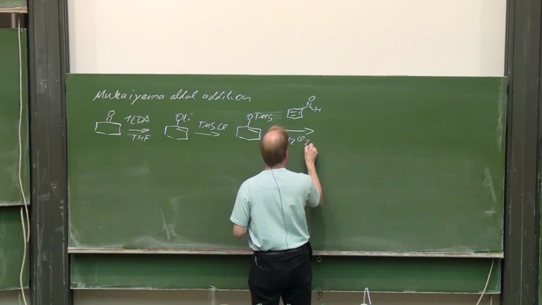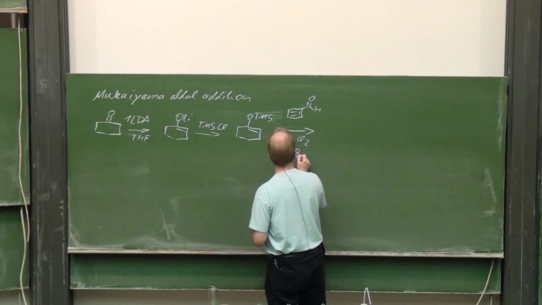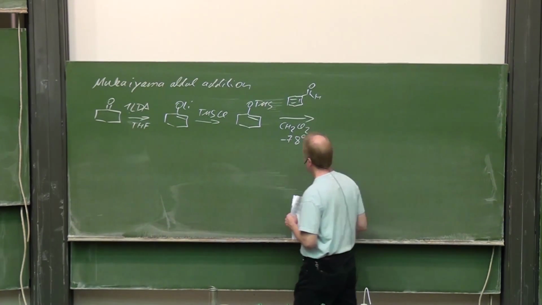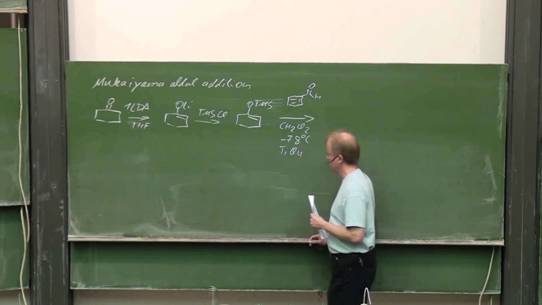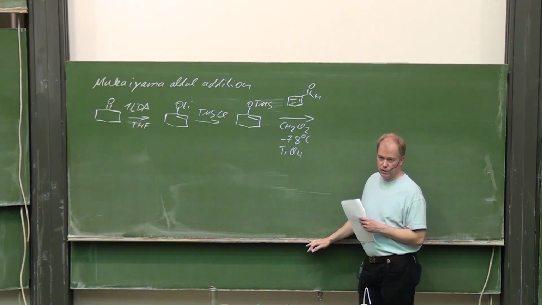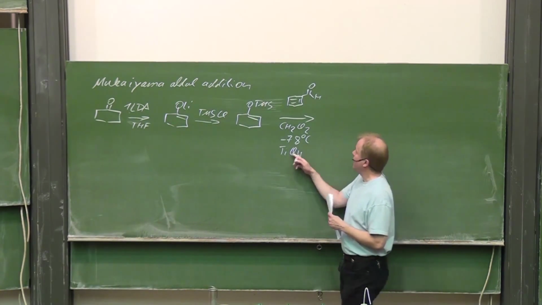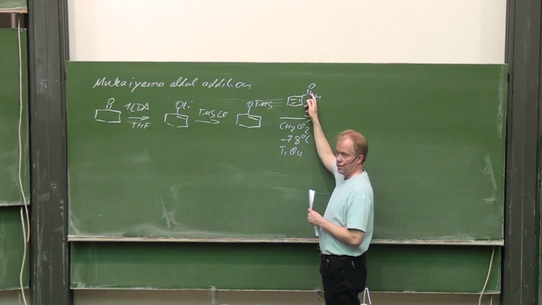The reaction is usually done in dichloromethane at low temperatures, minus 78 degrees. We need a catalyst, a Lewis acidic catalyst, for instance, titanium tetrachloride. It activates the electrophilicity of the carbonyl group.